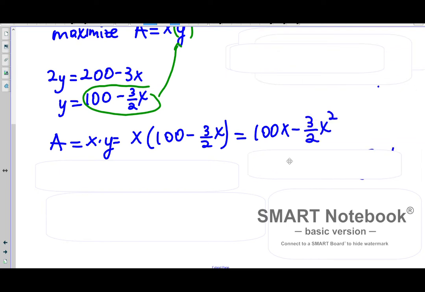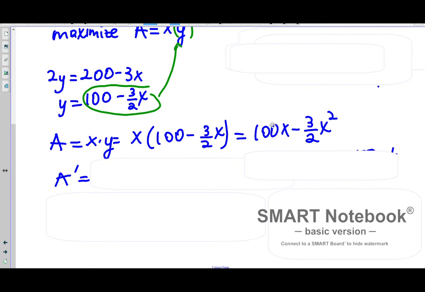Now that we have our area function in one variable only and it's in simplified form, to find maximums or minimums, as is typical in this section, we're going to take the first derivative and set it equal to 0. So let's differentiate this function with respect to X.